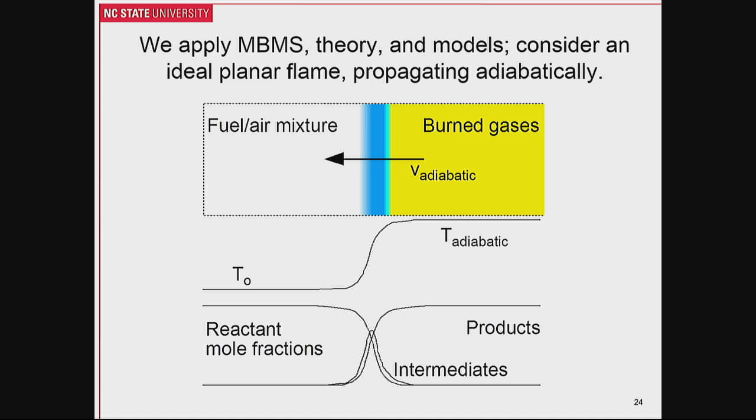That adiabatic temperature is very much characterized by the thermodynamics, nothing to do with the rates of reactions, but the speed at which it propagates. Very much an interplay of the transport physics and of the reaction chemistry going on. And indeed, there are reactants being consumed, products being formed and intermediates being formed and consumed.